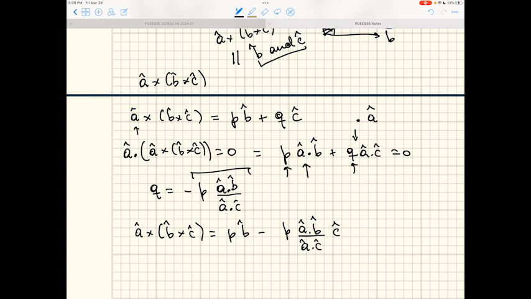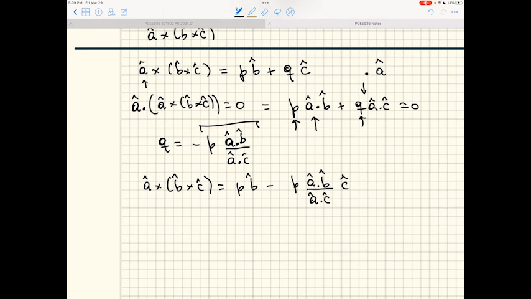Let's call this a factor. I can put this like this, P divided by AC.